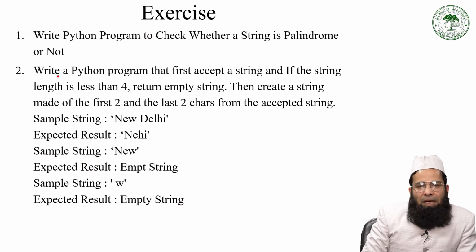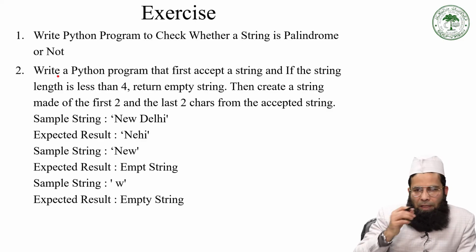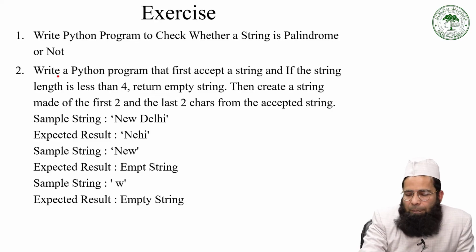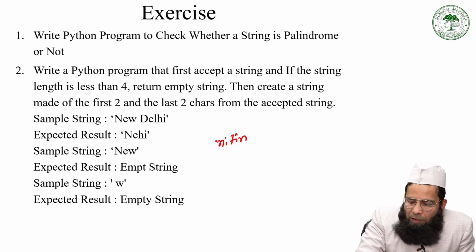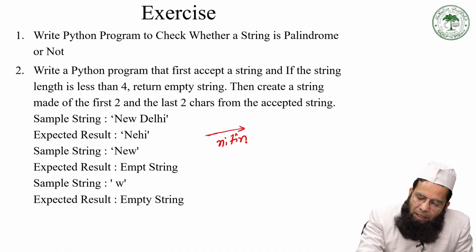Now there is an example here: write a Python program to check whether a string is palindrome or not. If you want to check whether a string is a palindrome, what actually is a palindrome? Let's say there is a string Nitin. If you start from the left, you will observe the characters coming are the same when you traverse this string from right to left.